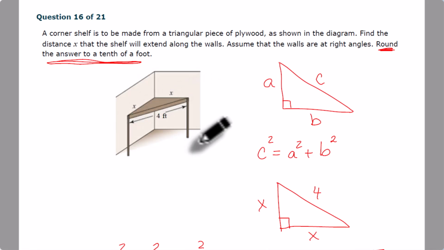Well, we need something called the Pythagorean theorem for right triangles, and that is the sum of the squares of the two sides must equal the hypotenuse squared.